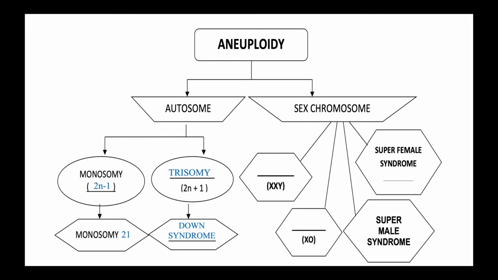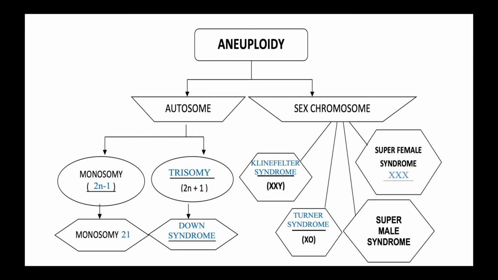For sex chromosomes, we have a condition called Klinefelter syndrome, XXY, a trisomy condition where the individual has 3 sex chromosomes, XXY. XO refers to a condition called Turner syndrome. It is a monosomy condition whereby the individual only has 1 copy of the sex chromosome.